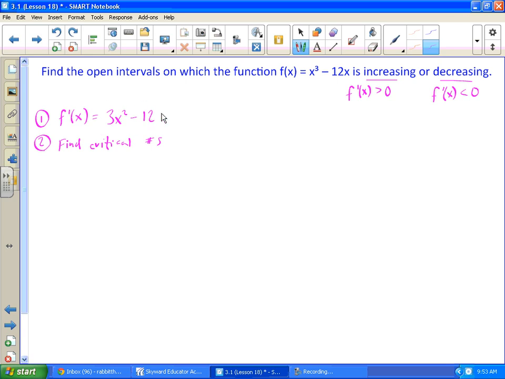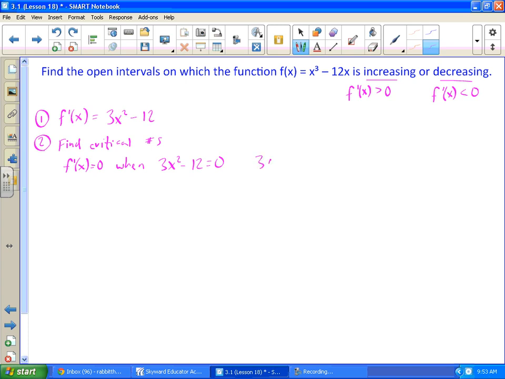So is this ever going to be undefined? No, but I can set it equal to 0, right? So to find critical numbers, we're going to set this equal to 0. So I'm going to say the first derivative equals 0 when 3x squared minus 12 equals 0. How do I solve that?